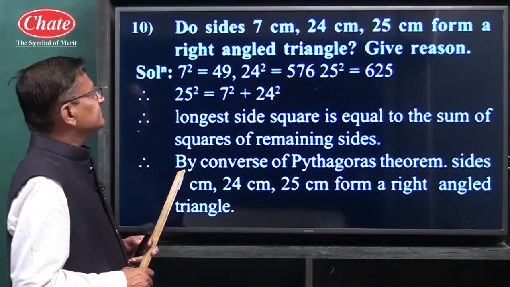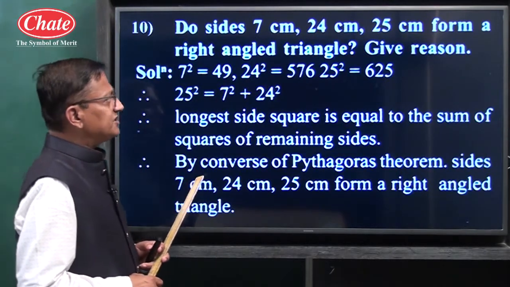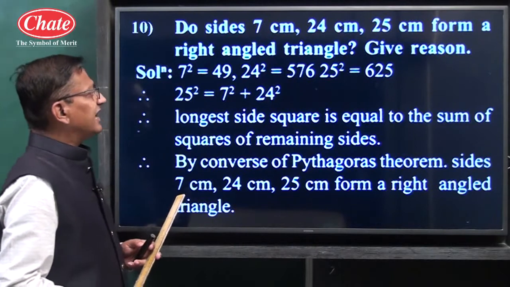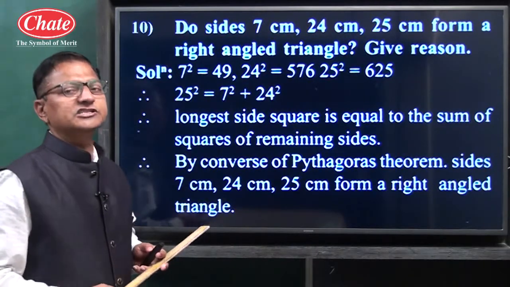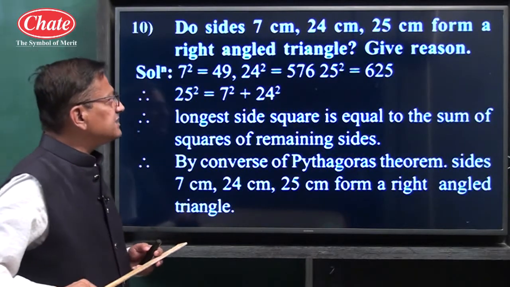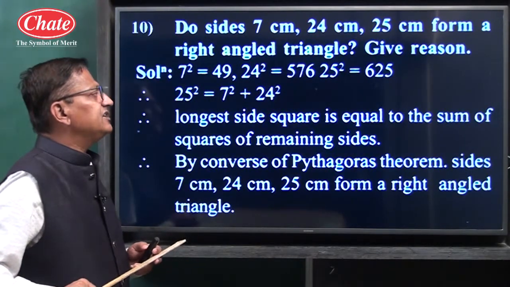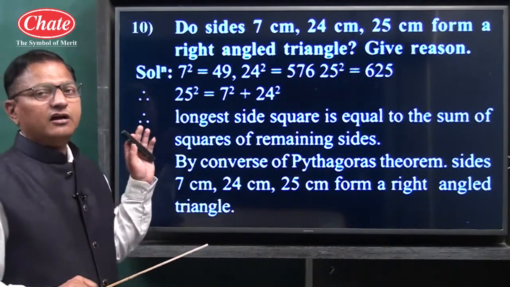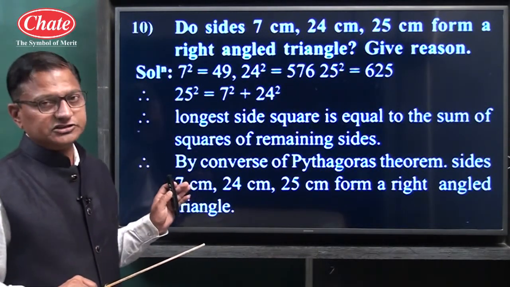Do sides 7 cm, 24 cm and 25 cm form a right angle triangle? Give reason. Given sides are 7 cm, 24 cm and 25 cm. Whether we can draw a right angle triangle or not.